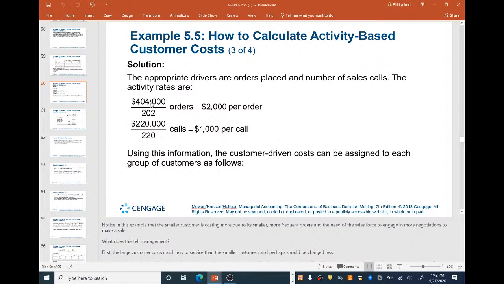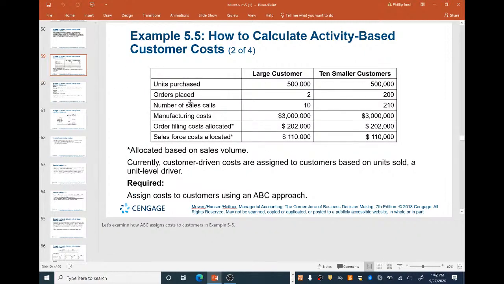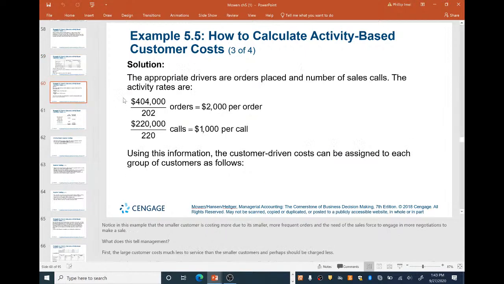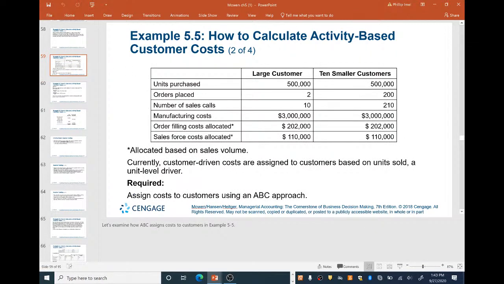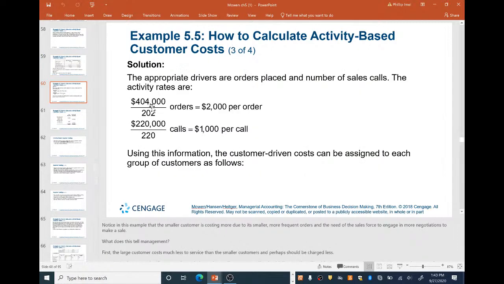The order filling cost is 404,000. Sorry, I got those mixed up by accident and lost where I was.